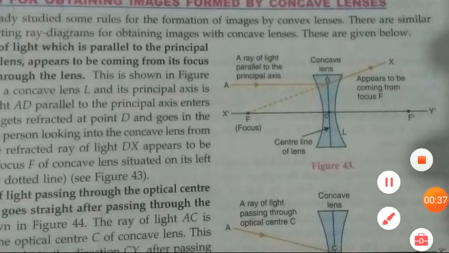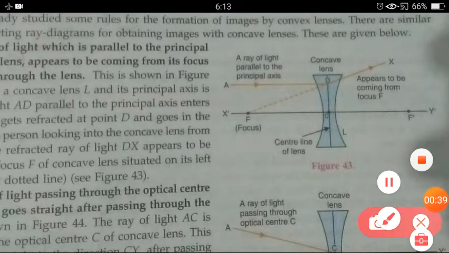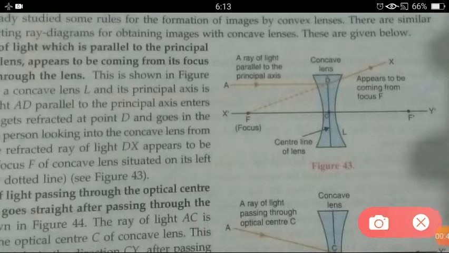But here one thing you have to notice: a concave lens is a kind of diverging lens. It diverges the rays. So after refraction, you can see here the ray is going away from this focus.